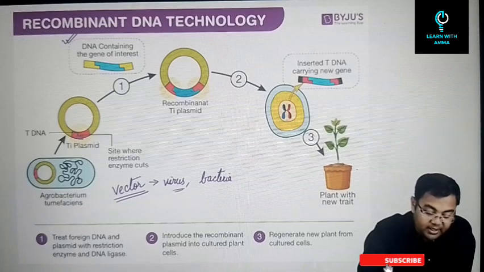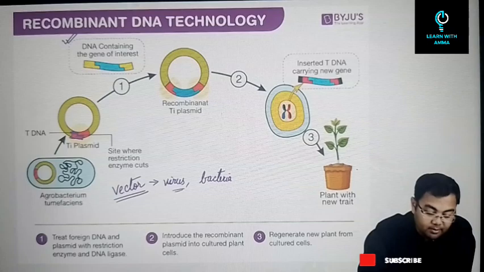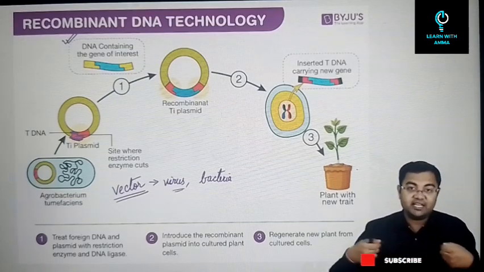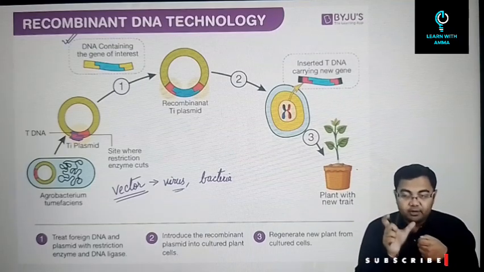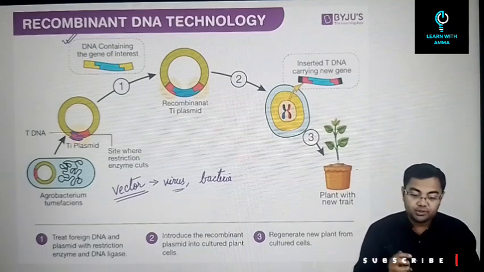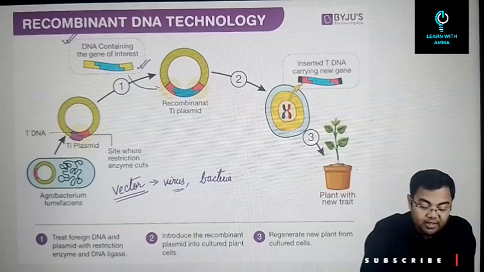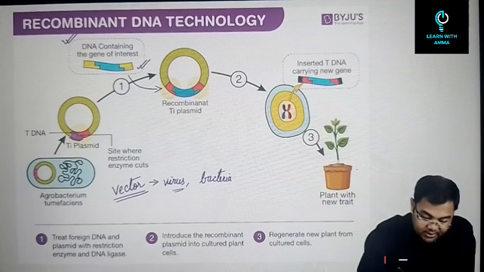So what we do is that we'll make the cut. As you can see here, this cut is being made. Now as the cut has been made, in this opening the required segment of the DNA can be inserted. So the required DNA or the required gene sequence will be inserted. Now do you see here that the patterns do match, correct?